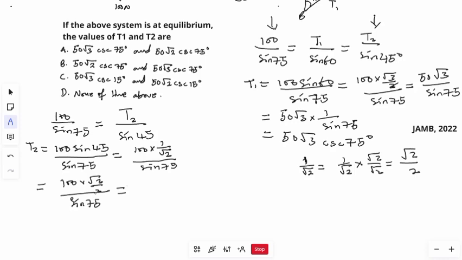If these two cancel the 100, you now have 50 square root of 2 divided by sine 75, which is the same as 50 square root of 2 times 1 over sine 75.